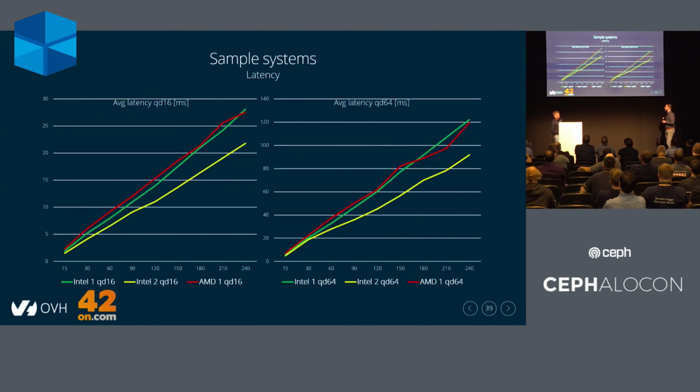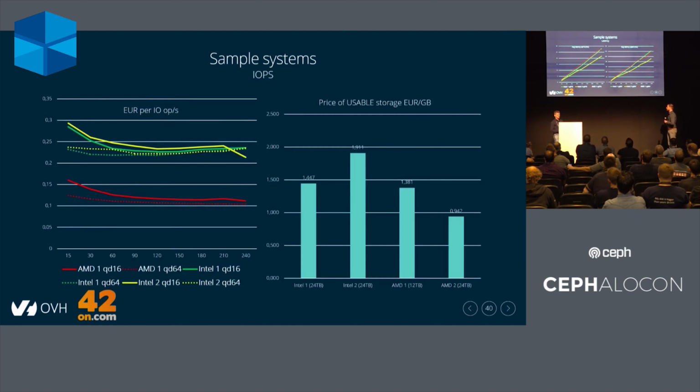As you can see here, regarding the latency difference between the first Intel system based on the Xeon 6152 and the AMD 7551P, there is a difference, but is it that much? It's up to you to decide which is better for you. And speaking of sample systems, we also have the price comparison.